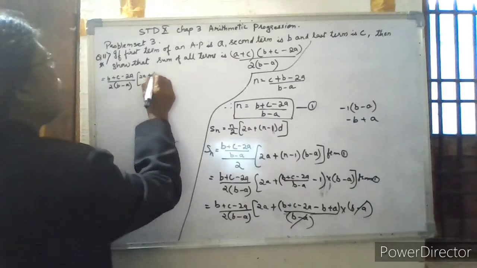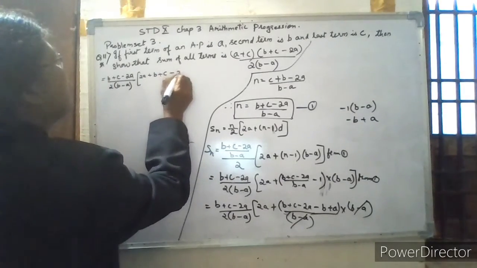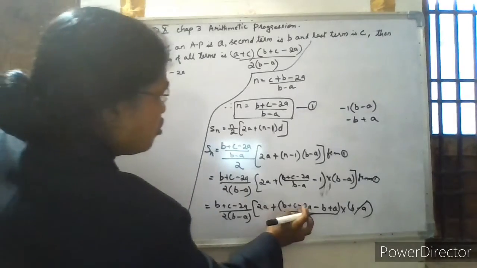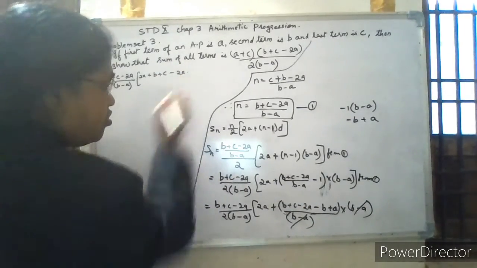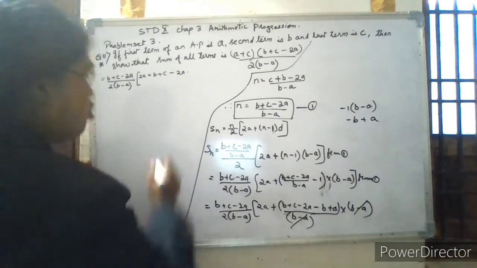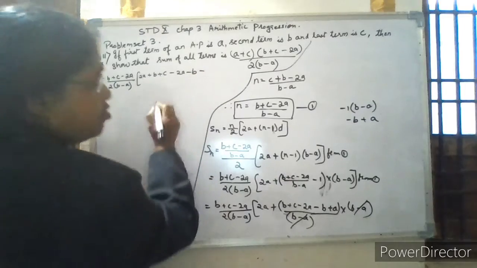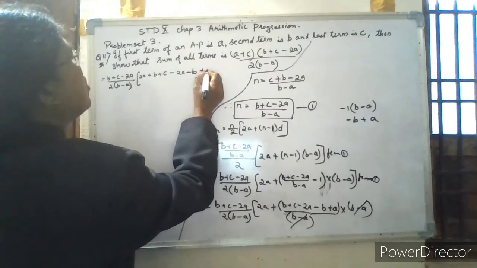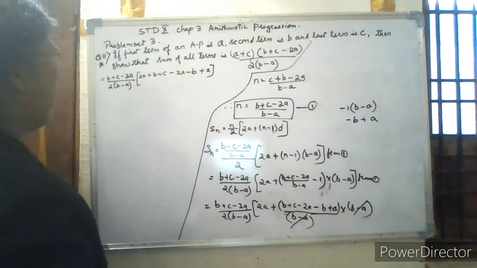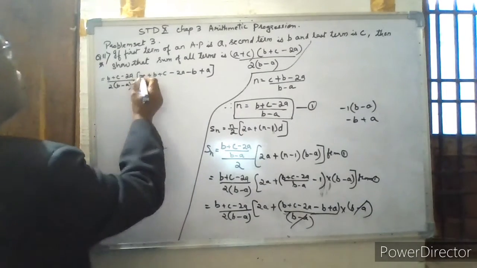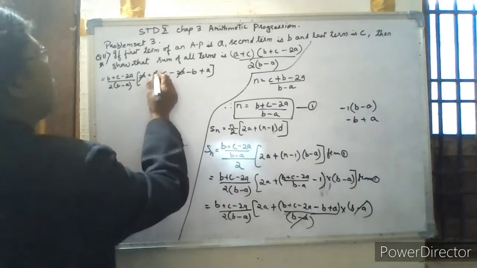Plus b plus c minus 2a, then minus b and plus a. Now see here: plus 2a minus 2a cancels, plus b minus b cancels.